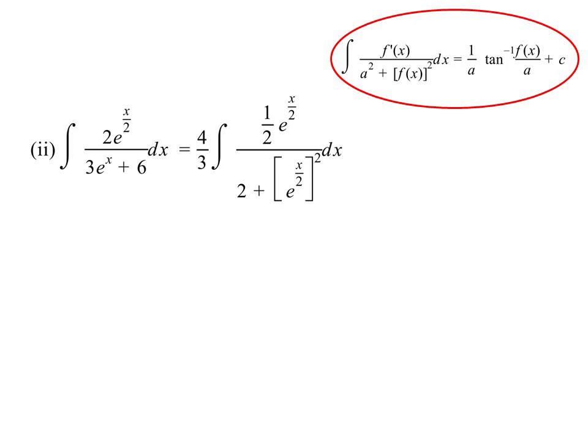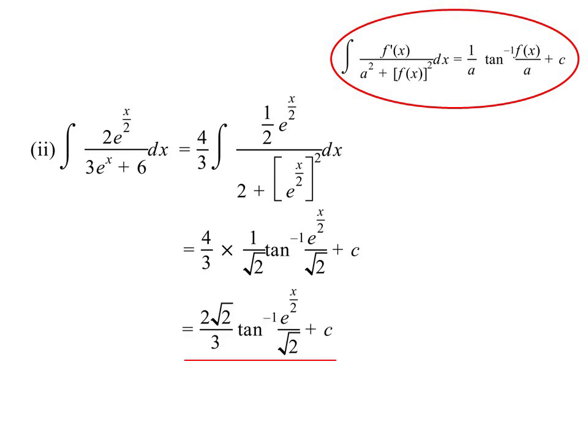Now, if that derivative is going to be e to the x on 2, then I need to get this as e to the x, because that would be e to the x on 2 squared. That's why I pulled the 3 out. Balancing the numbers up, I have it in a standard form. A bit of a tricky manipulation. But now I've got that, I can say, well, that's 4/3, 1 on root 2, inverse tan of e to the x on 2 over root 2, tidy it up.